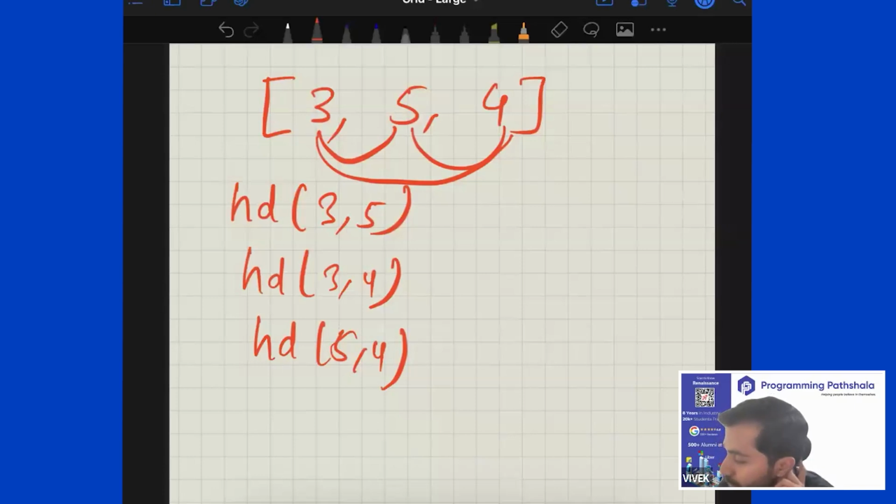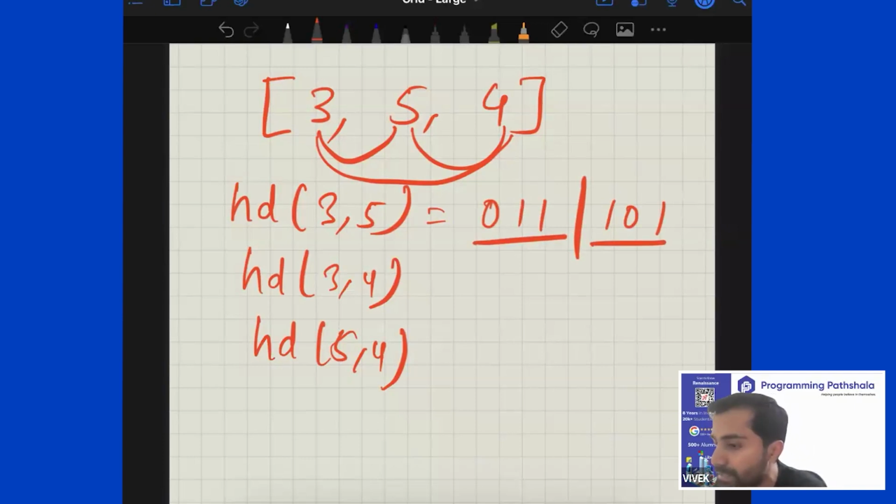Hamming distance is the number of positions where bits are different. So 3 can be written as 0, 1, 1, and 5 can be written as 1, 0, 1. What will be the Hamming distance of 3 and 5? At how many positions are the bits different? You can see that here and here they differ, and here they are the same.